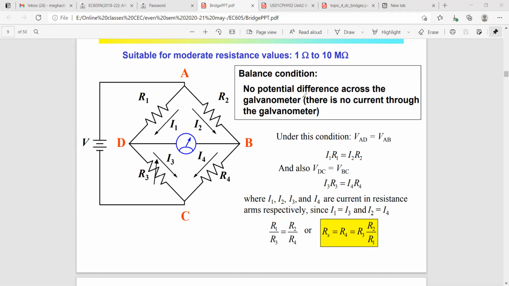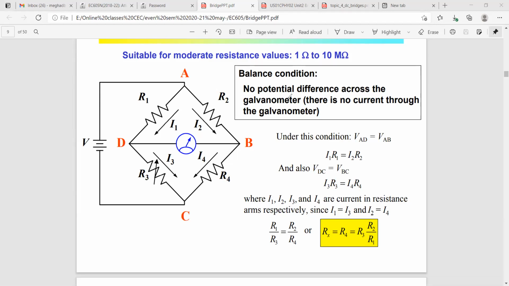R2 multiplied by what will you write? Tell me. You have to find out Rx, right? So the equation will be somehow like that now.